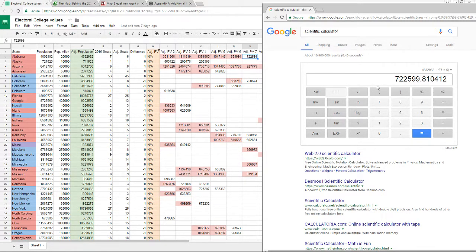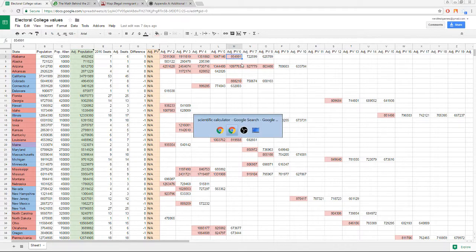And then I would do the same thing for seat number 6. So we go 468,2982 divided by the square root of 6 times 5, and you get 854,991. 854,991 for seat number 6.